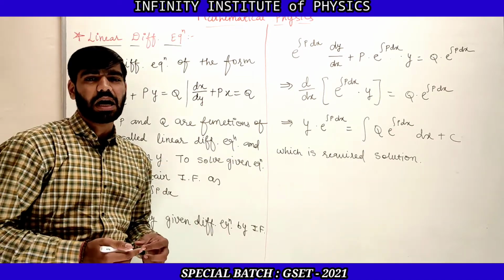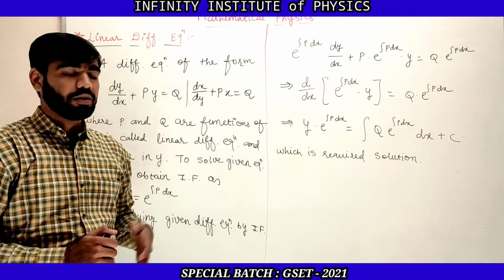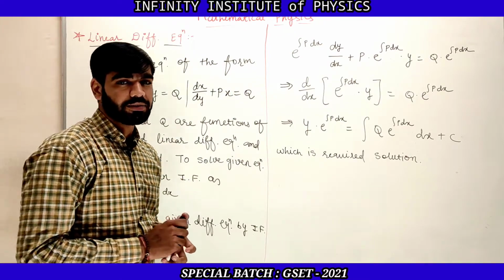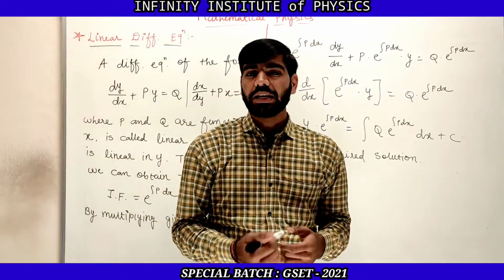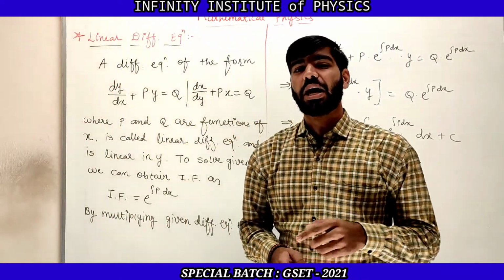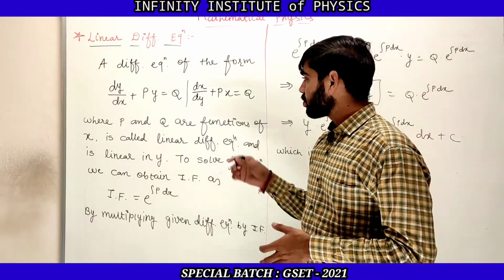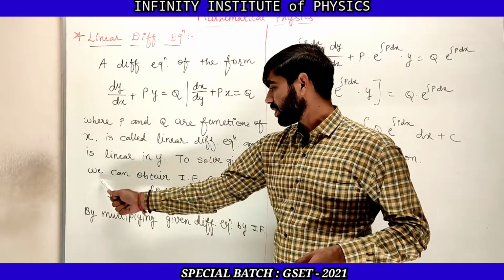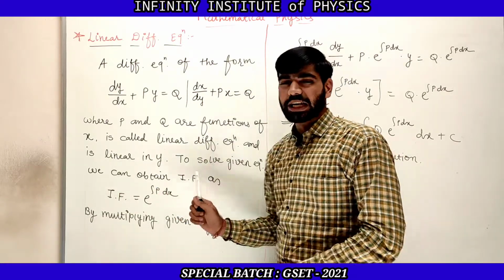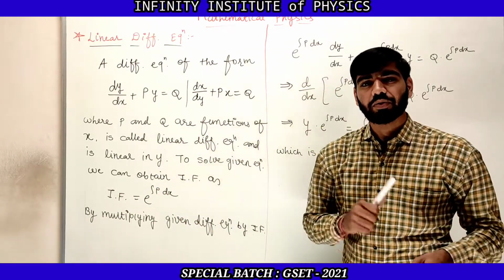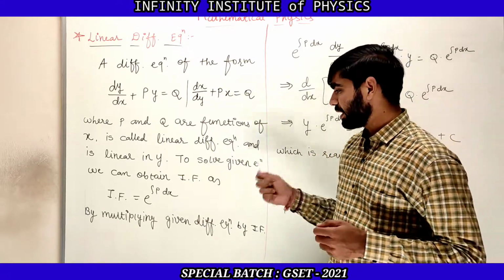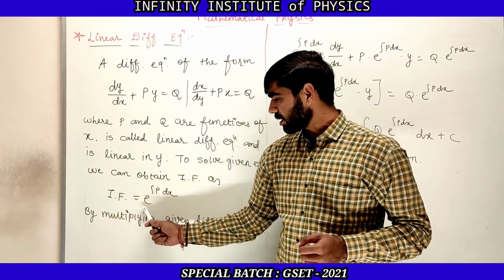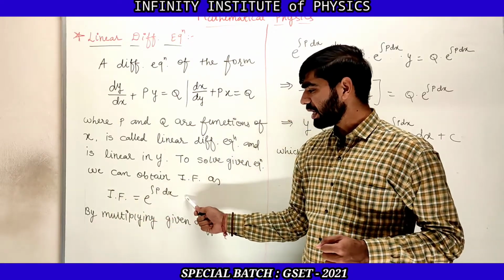Now the question is how to solve this differential equation. If this type of differential equation is given, we can say it is a linear differential equation, but the question is how to find its solution. To solve the given differential equation, we have to find the integrating factor, and the formula is: integrating factor equals e raised to the integral of P dx.